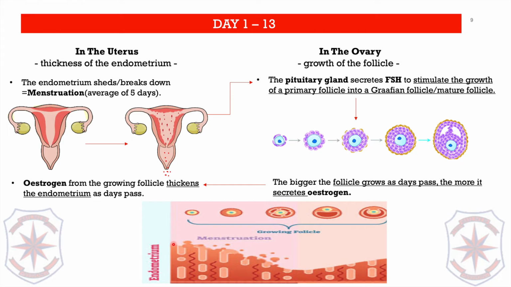Let's say this is day 1 and that is day 13 over there. So let me just write that down. Here is our day 1 and there is our day 13.